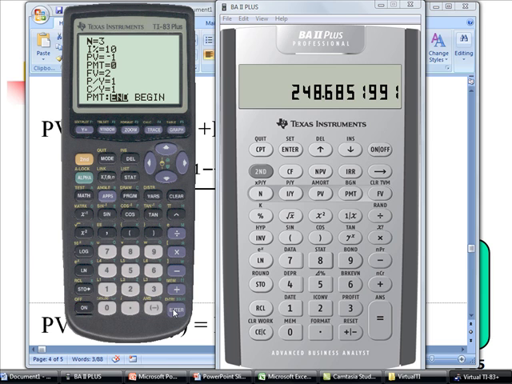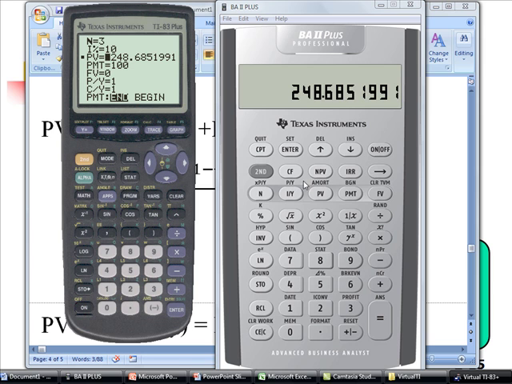On the payment, we're going to put in 100, and then 0 for the future value, because future value would represent a special one-time cash flow at the end of the timeline, and there isn't anything extra that you get over and above that $100, so we'll just leave future value at 0. Then we put the cursor on present value and we click alpha solve, and we get 248.69 just like we were expecting.